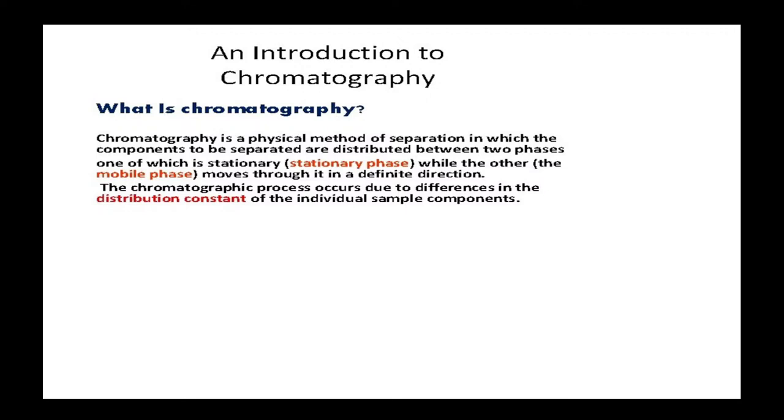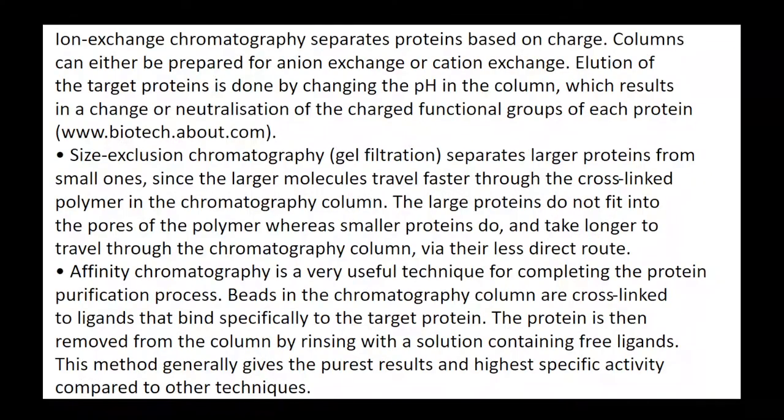The chromatographic process occurs due to differences in the distribution constant of the individual sample components. There are a few types of chromatography: ion exchange chromatography, size exclusion chromatography, and affinity chromatography.